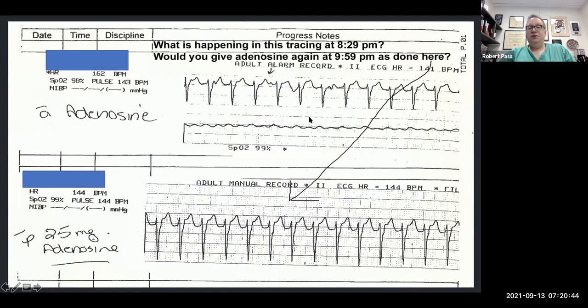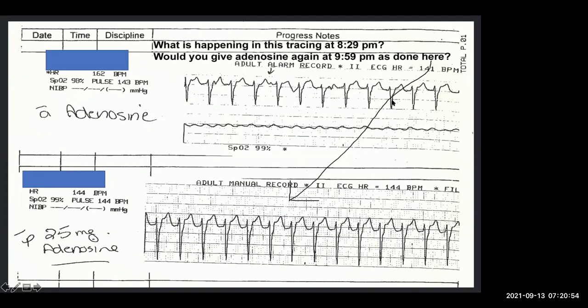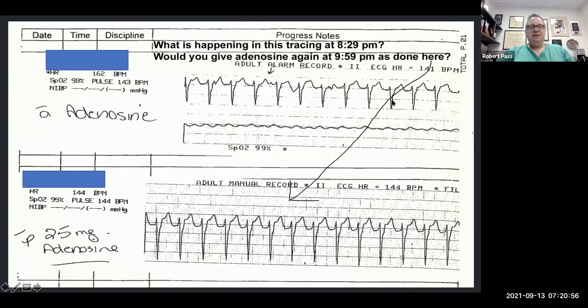Would you have expected giving adenosine to do anything again? No, because this is either JET or VT. So whoever obtained this tracing allowed the patient to remain in this rhythm for another hour and a half, and then gave adenosine again, suggesting that they never understood what rhythm they were taking care of in the first place.